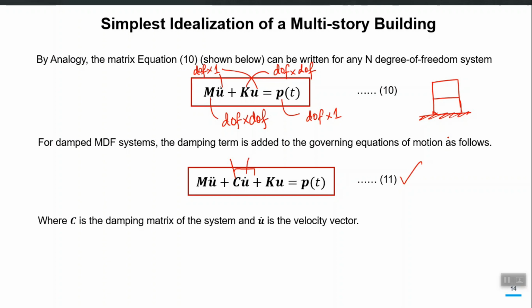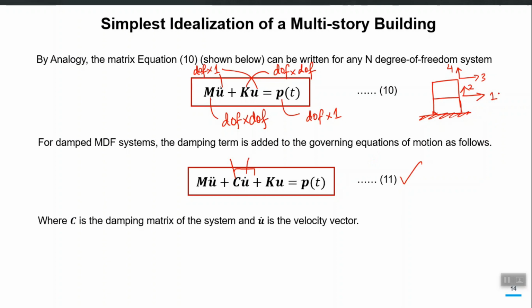Now let us assume that I increase degrees of freedom, and instead of having 1 degree of freedom at each level, let us have 2 degrees of freedom. So at this level I have, let us say, degree of freedom 1, 2, and here we have 3 and 4. Now the applied loading can be applied at 4 locations, in fact 2 locations, but in 4 possible ways.